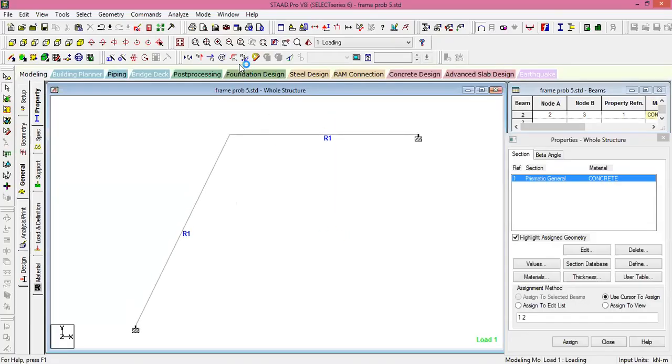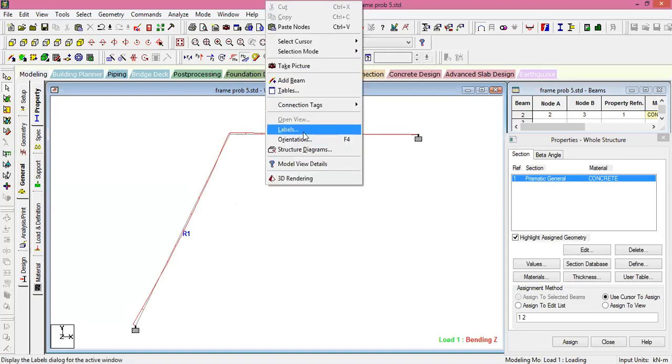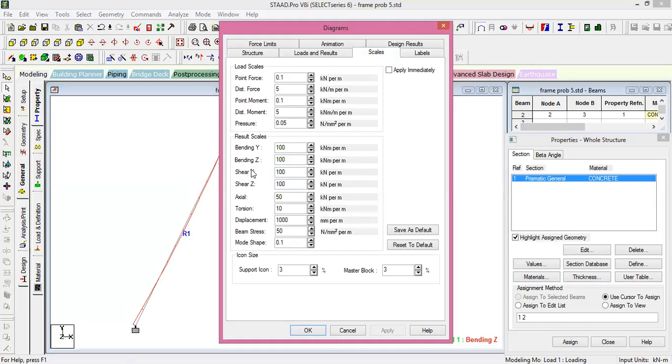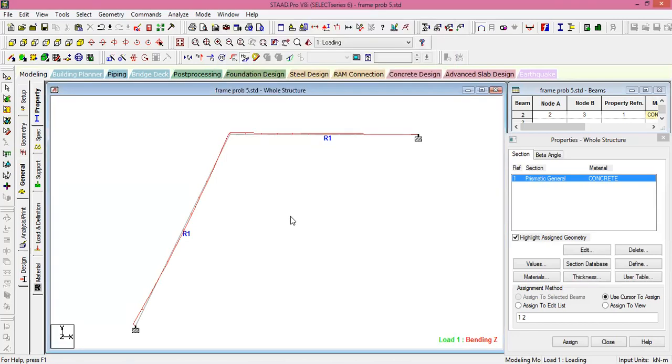Now you can see the deflected diagram. We used to go to label, scale, and reduce the scale here. That is also one way. The other way is you can press the control button and scroll the mouse cursor.